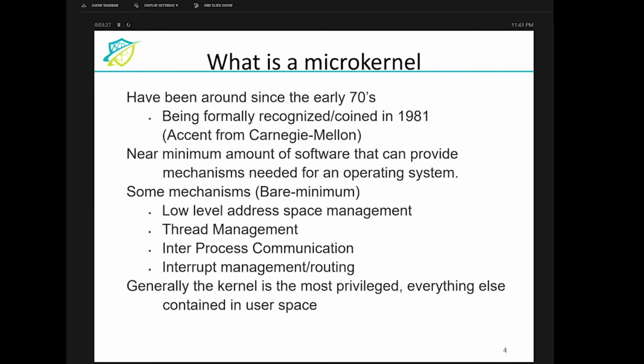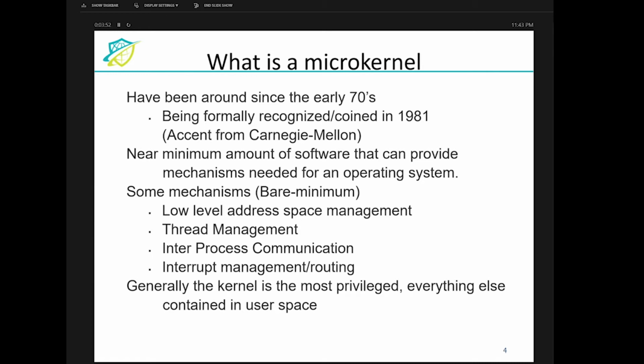We need low-level address space management, so we need to be able to handle memory. We need thread management, more or less a scheduler. We need to provide inter-process communication, so the IPC has to be able to move from thread to thread or process to process, however the microkernel handles that.